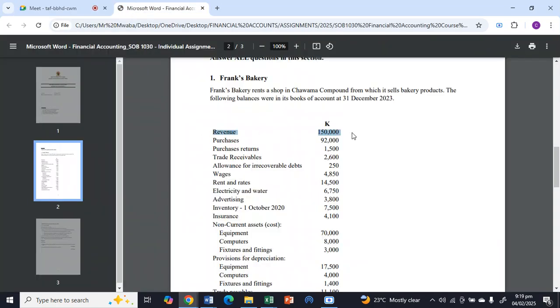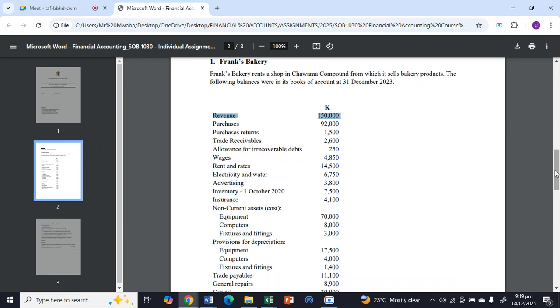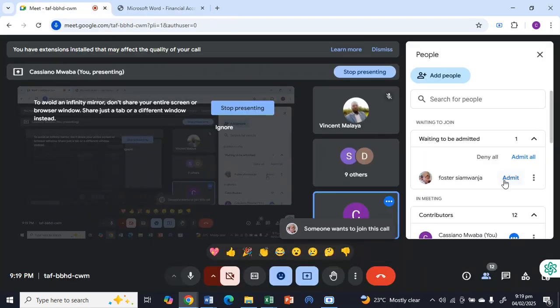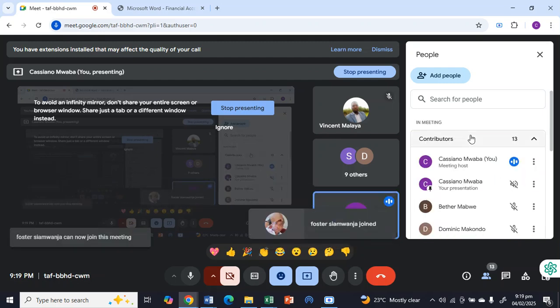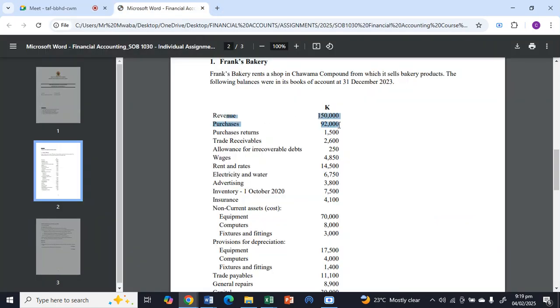So colleagues, revenue, where does it go? Which financial statement will revenue go to?